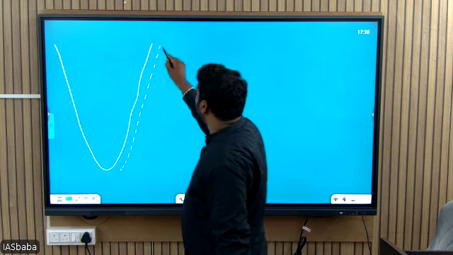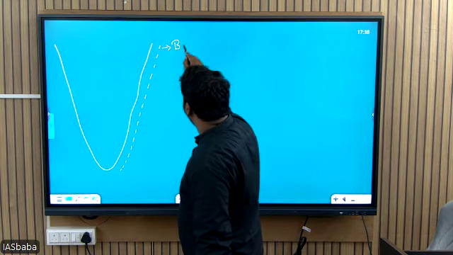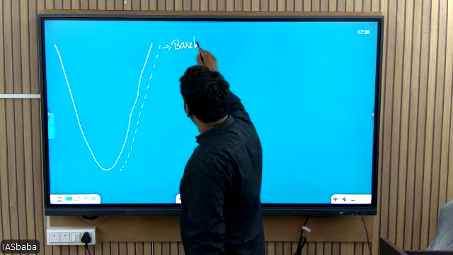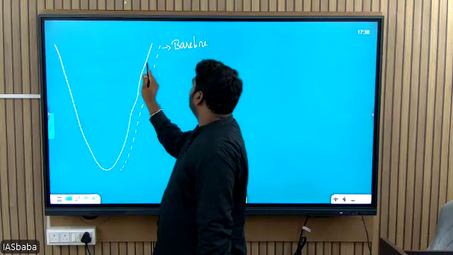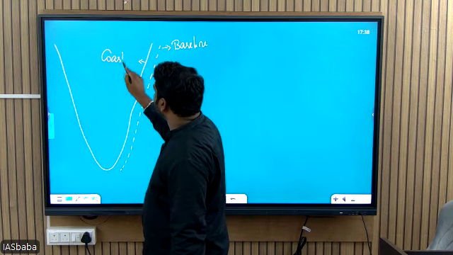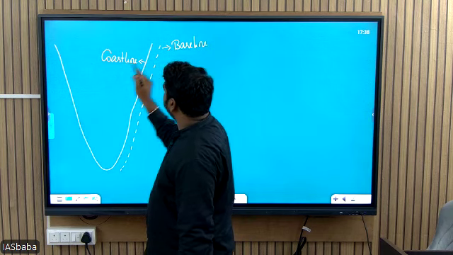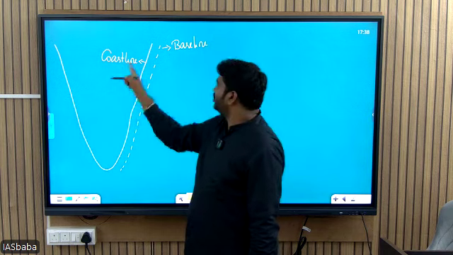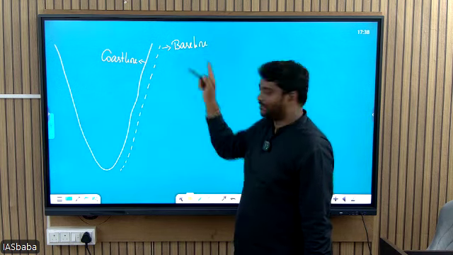Now, this point will be called as baseline. Can you see this white point? This will be called as coastline, beach point. This is coastline, this is baseline.